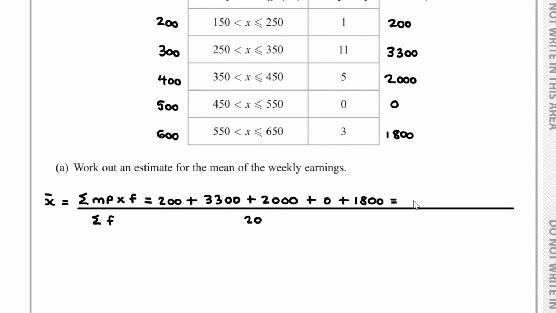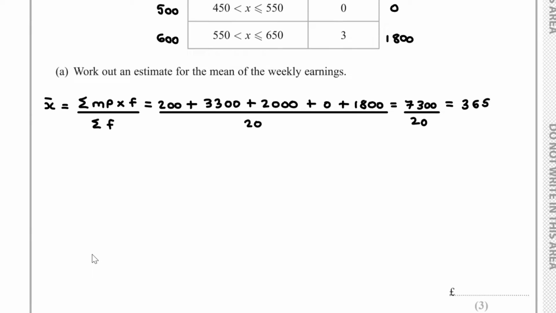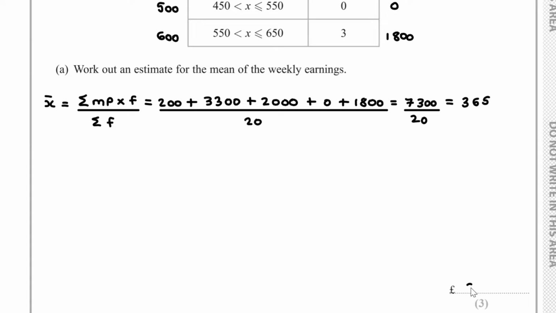So if we work this out, on the top we've got 7300, on the bottom we've got 20, so this is equal to 365. So therefore, you can see here that the estimate for the mean is 365.